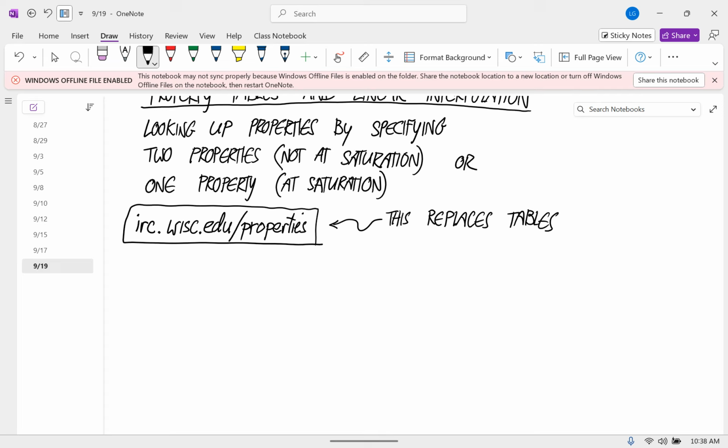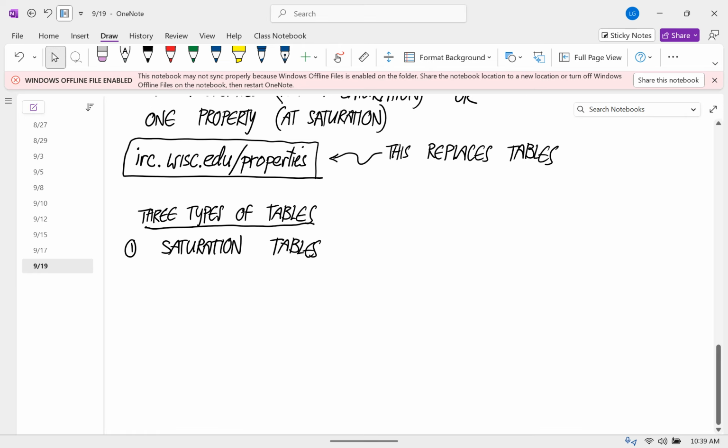There are 3 types of tables. Saturation tables, like the one I looked at a few minutes ago. The key thing there is that at saturation, one property is enough to look up the rest.